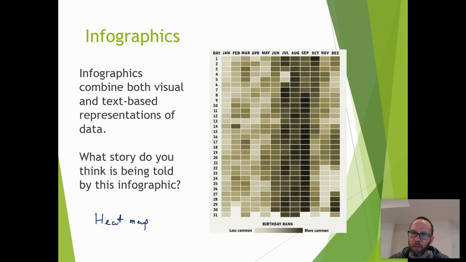The darkest ones are the most common birthday, and the lighter ones are the least common birthday. And what this graph tells you is that more people are born in July, August, September, and September is the month with the most birthdays. So birthdays aren't spread out throughout the year evenly. There's more people that have birthdays in September, which is kind of cool.